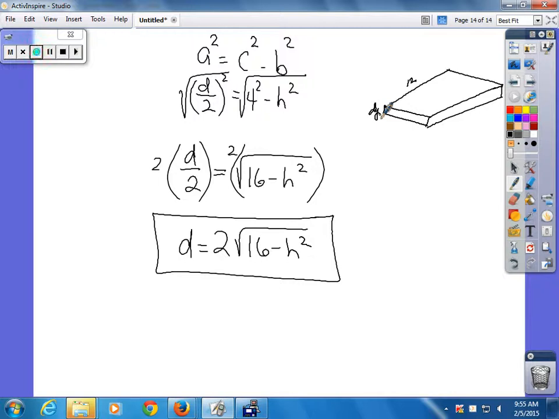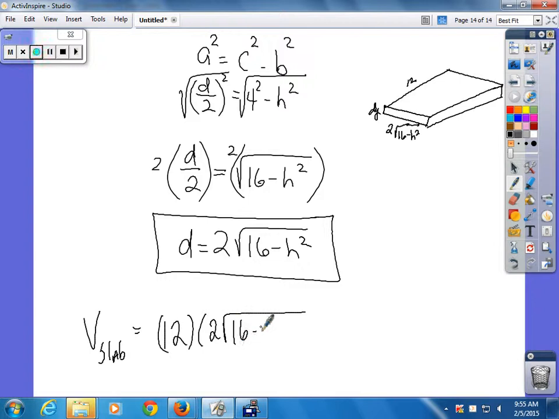So this right here is 2 times the square root of 16 minus 8 squared. So what is the volume of this strip? This times this, right? So the volume of your slab is equal to 12 times 2 times the square root of 16 minus 8 squared times dy.